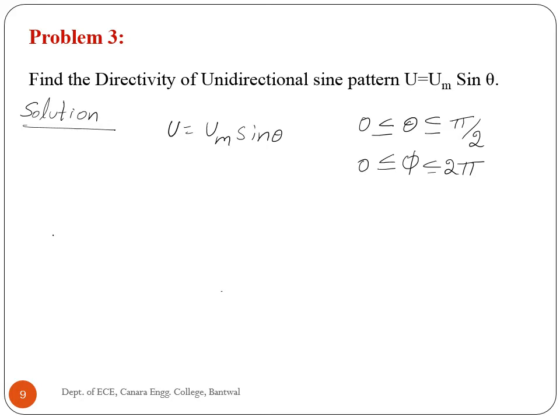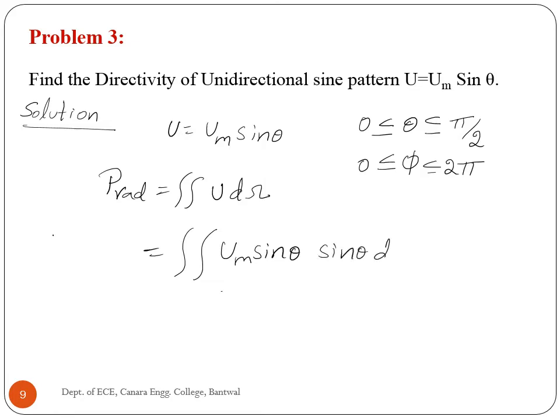To find the directivity, we have to find the radiated power, which is the integral of the given pattern U d omega, where U is Um sin theta and d omega is sin theta d theta d phi.